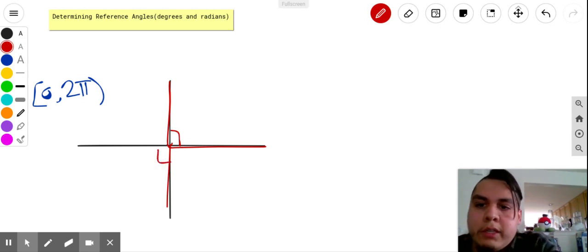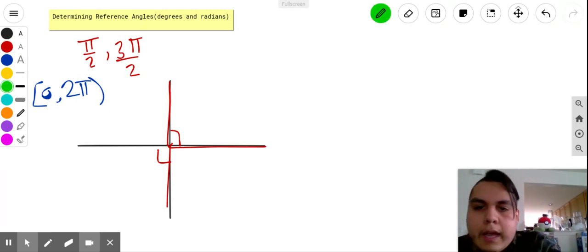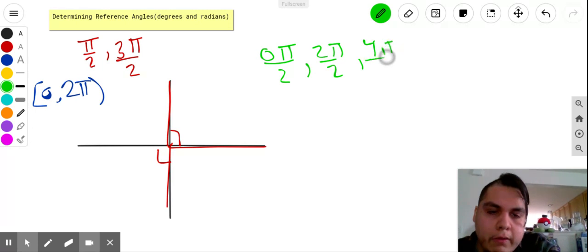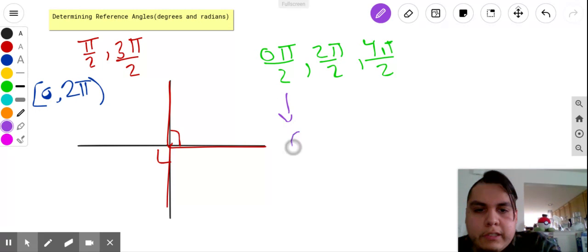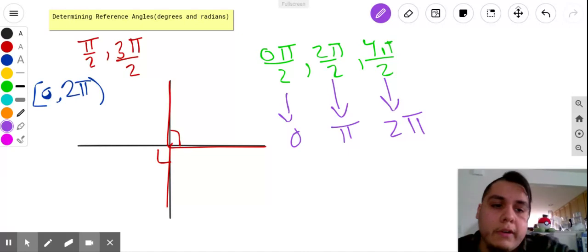So between 0 and 2 pi, I have pi over 2 and I have 3 pi over 2. Okay, but notice the ones that I didn't use again. I didn't use 0 pi over 2. I did not use 2 pi over 2. And I did not use 4 pi over 2. That reduces to 0. That reduces to pi. That reduces to 2 pi. Those are different reference angles.